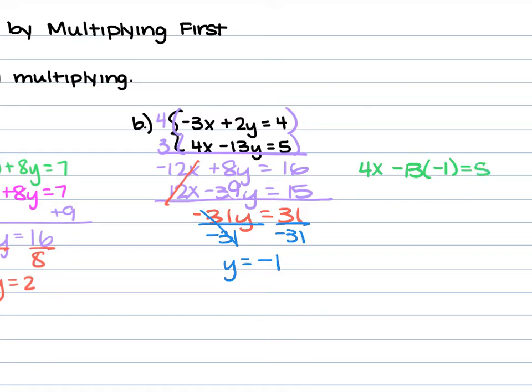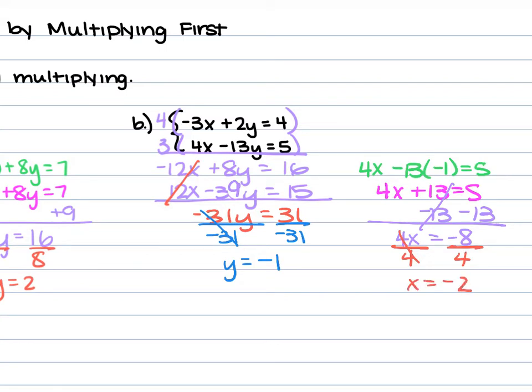The negative 13 times negative 1 is positive 13, so 4x plus 13 is equal to 5. We move the 13 over by subtracting it, and we get 4x is equal to negative 8. Divide each side by the 4, and we get that x is equal to negative 2. So our solution for this one is negative 2, negative 1, x then y.